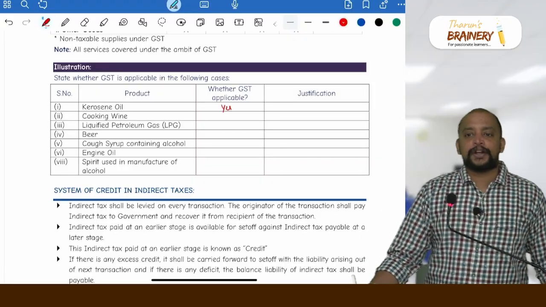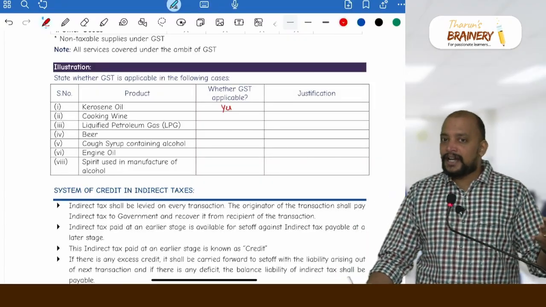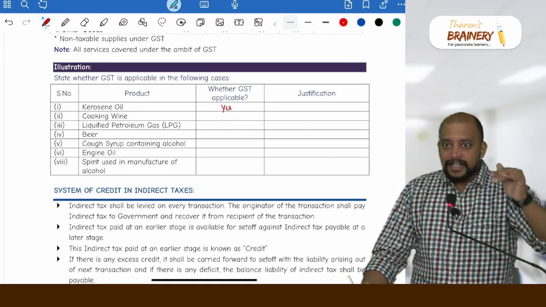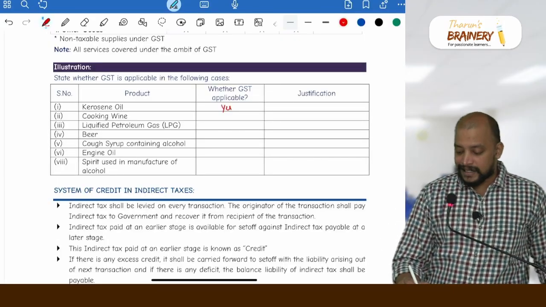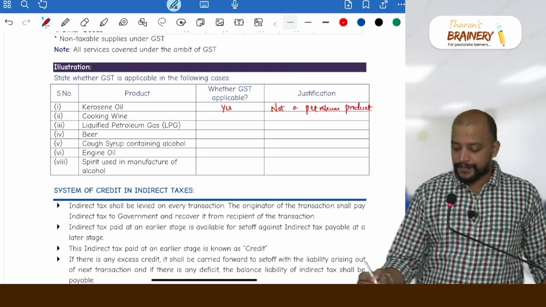What are the 5 petroleum products? Crude oil, petrol, high speed diesel, aviation turbine fuel, natural gas. Is kerosene oil there in the list? No, kerosene oil is different. So due to that reason, it is covered under GST. So write down the justification: not a petroleum product.